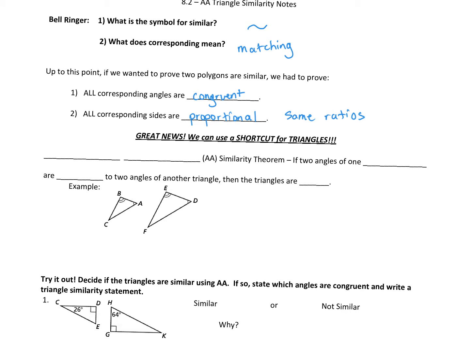However, now we don't have to prove all of the angles being congruent and all of the sides. Now there are some shortcuts that we can use, and one of them is called the angle-angle similarity theorem.